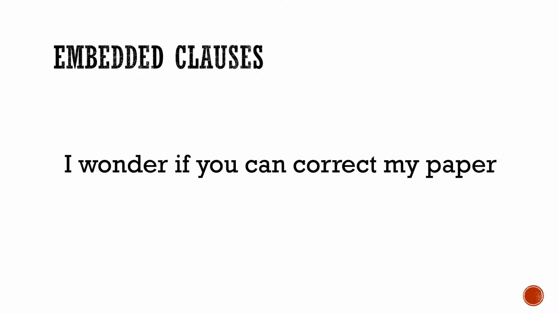So for example, "can you" is a clause. We can add another clause, "I wonder," subject, verb, and we can combine these together to make a new sentence. "I wonder if you can correct my paper."